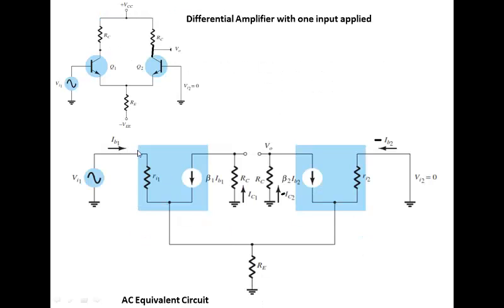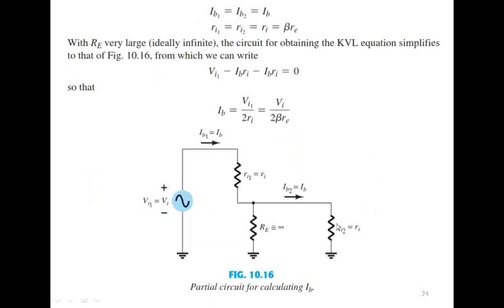So this current is IB1 and this current is IE1. This IE1 would be equal to IE2, and the direction of IB2 is negative, and that's why IE is entering into the emitter of the transistor.